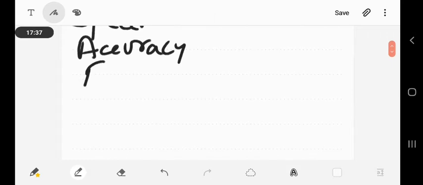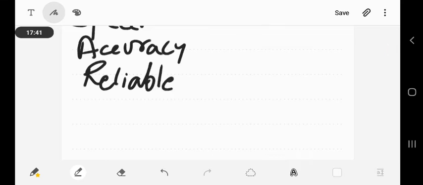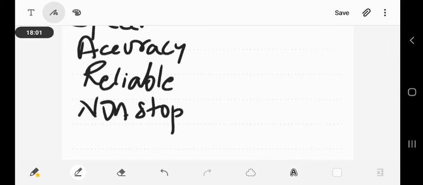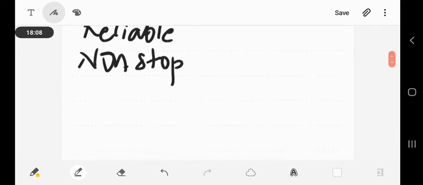And the next one is reliable. A computer accounting is always accurate as compared to manual work because it will not commit mistakes in the normal course of work, so it is a reliable one. And the next one is non-stop. Computer can be made to work around the clock that we cannot expect from a human being.